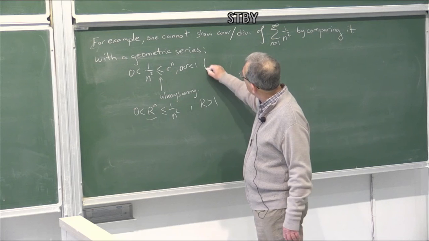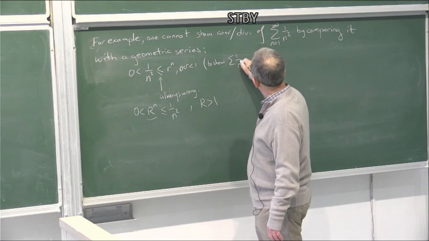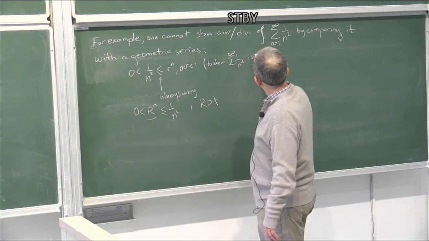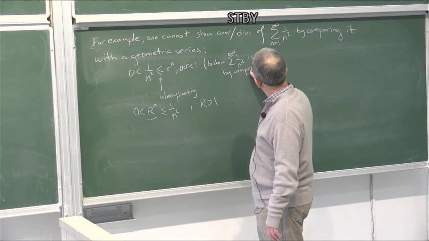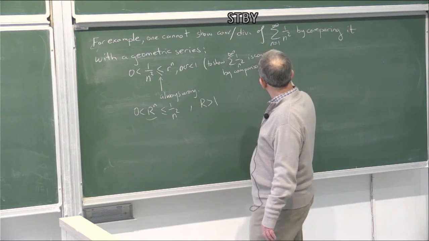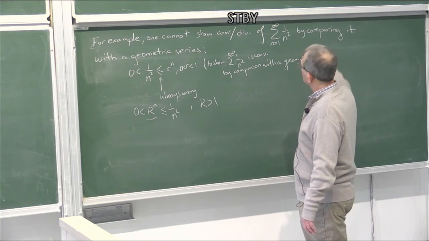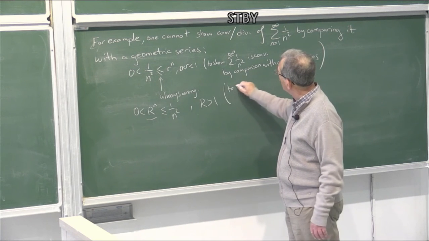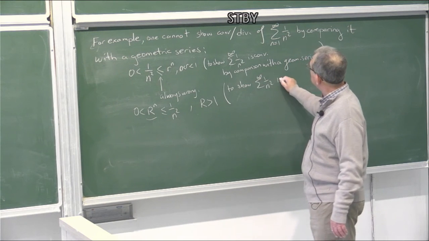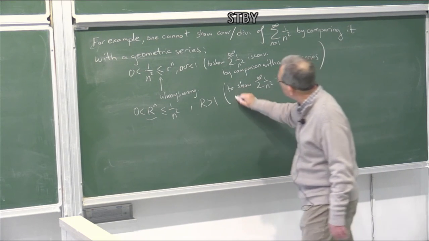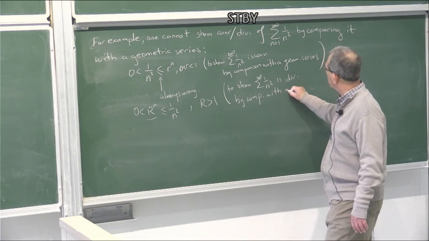This is, let me add, this is to show sum 1 over n squared is convergent by comparison with a geometric series. And this is to show this series is divergent, again, by comparison with a geometric series.